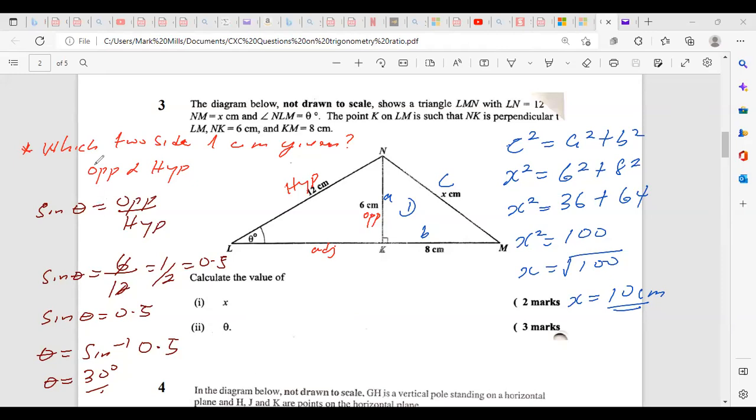Just remember that the Pythagoras theorem, you use it when you are given 2 sides and want to find a third side. If you are given 2 sides and want to find an angle, you ask yourself which 2 sides I'm given, identify those 2 sides, use the ratio, find the inverse of whatever function you have been given, and that is it.